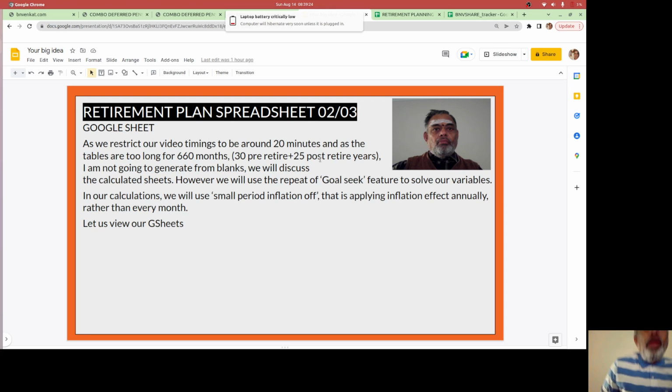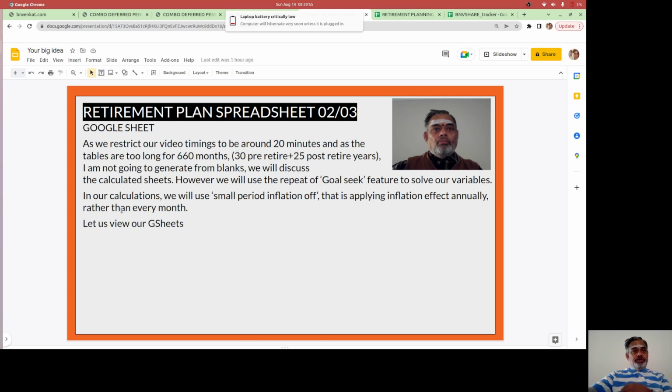However, we will use the repeated goal-seek feature to solve our variables. In our calculations we will use small period inflation, that is, we will not apply inflation month to month, but we will apply the inflation effect annually rather than every month.